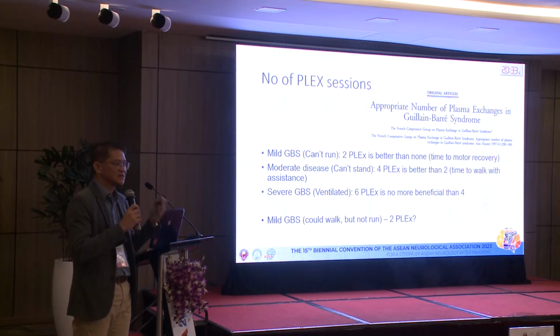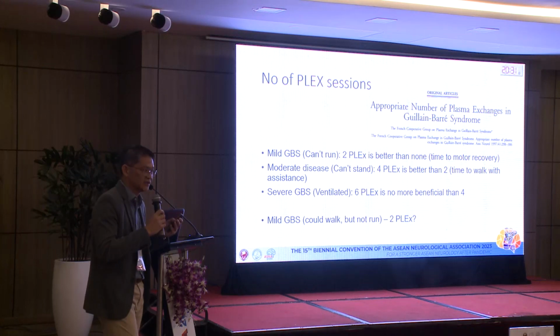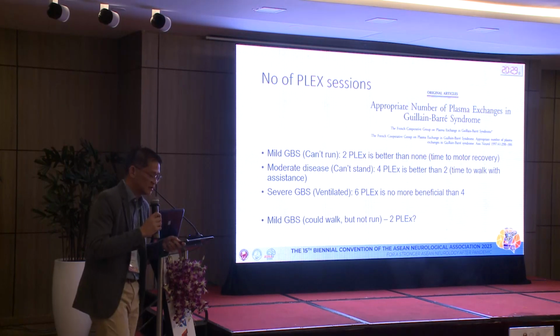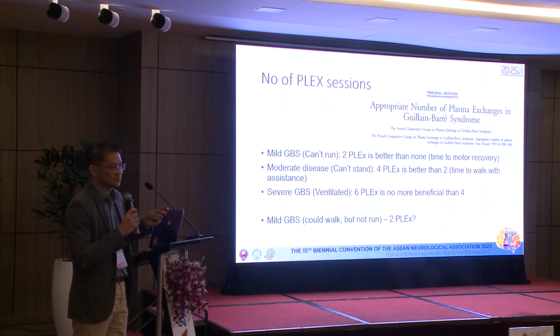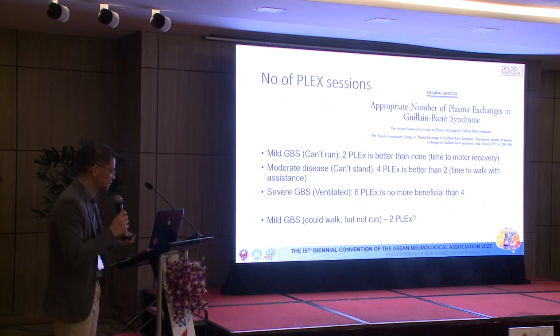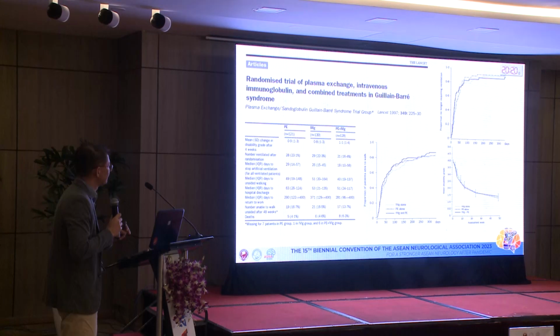But giving 6 plasma exchanges does not give additional benefits, even when you are ventilated. So this is why the majority of practice is to use about 4 to 5 courses of exchanges for Guillain-Barré syndromes.